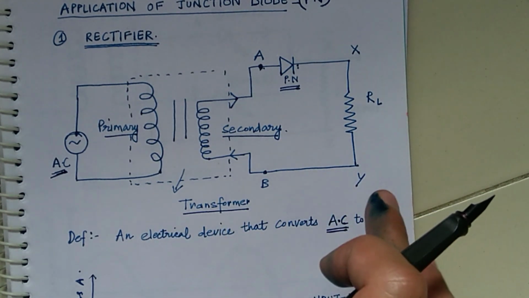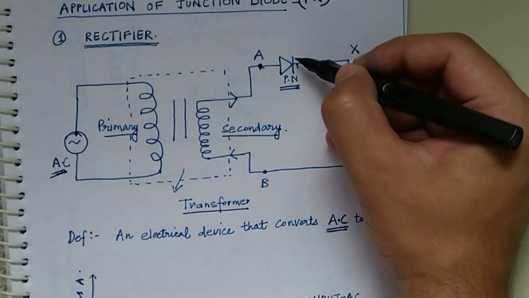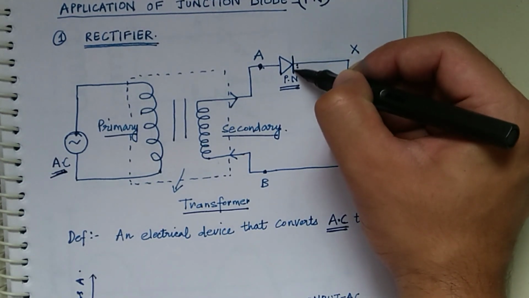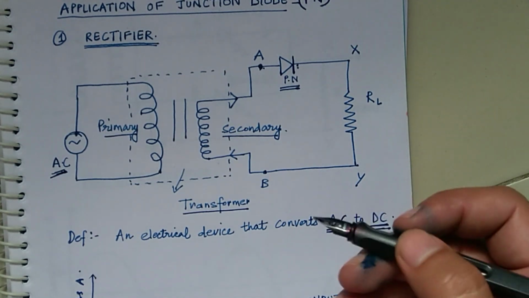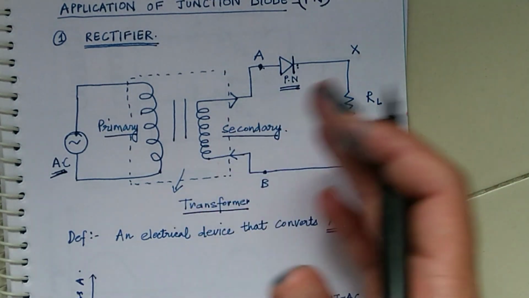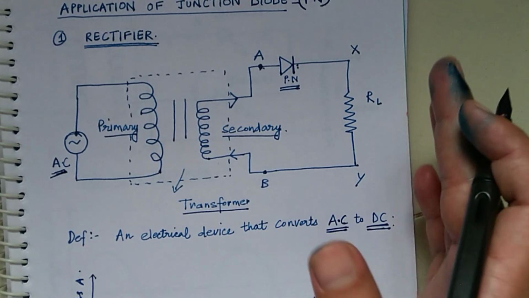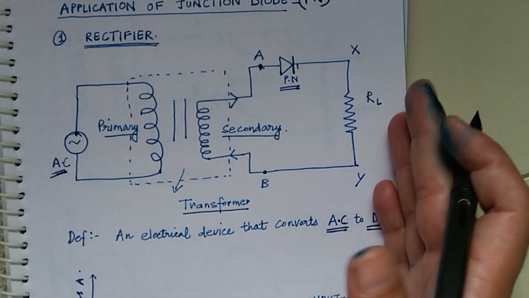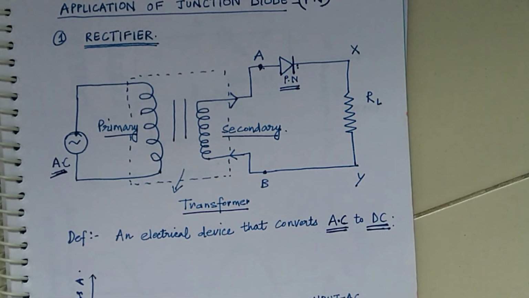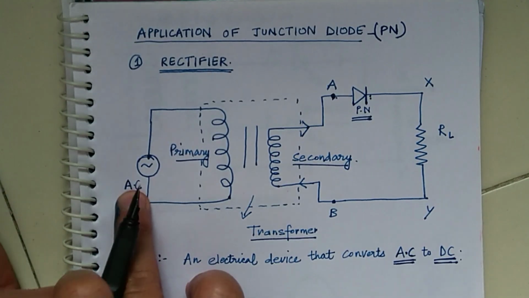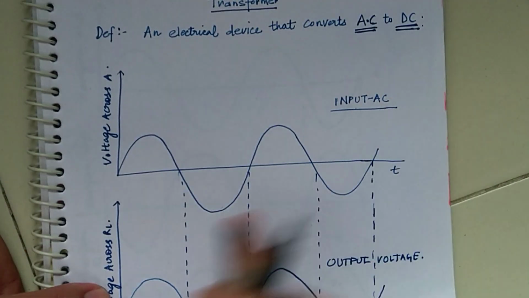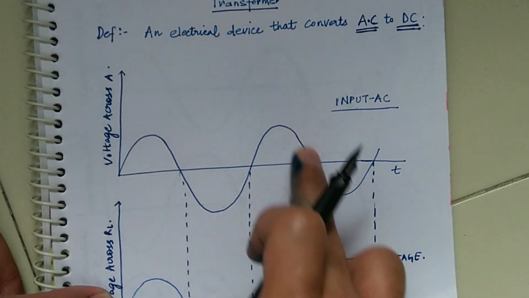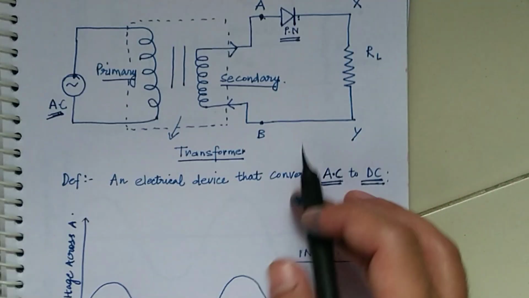We have been looking at the functioning of a diode, how it functions in a forward bias as well as in a reverse bias configuration, right? So here is the real application of forward bias. How? Let's see. When we supply this AC, it falls directly across A and B. This is the general sinusoid curve that we'll have across A and B here.